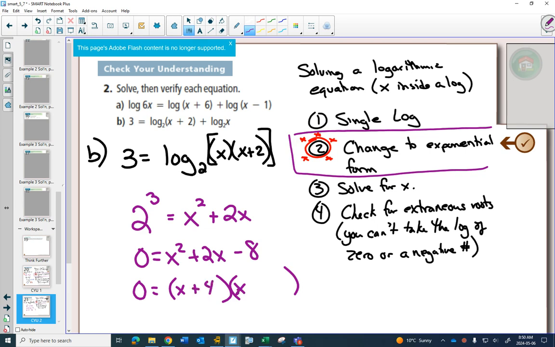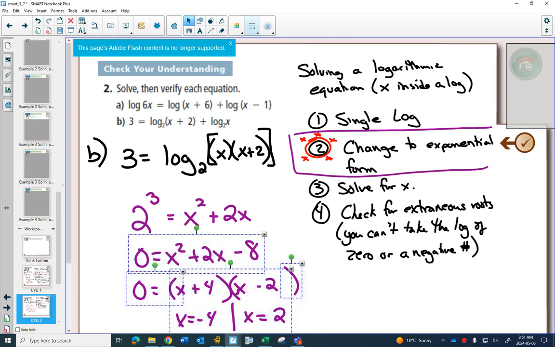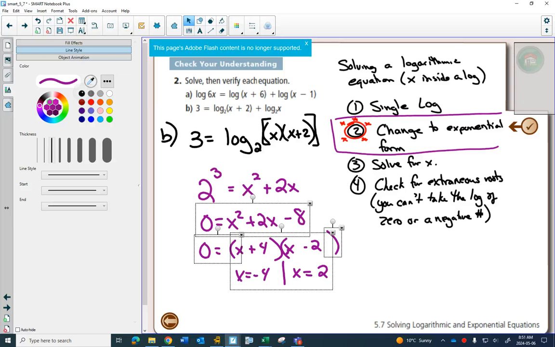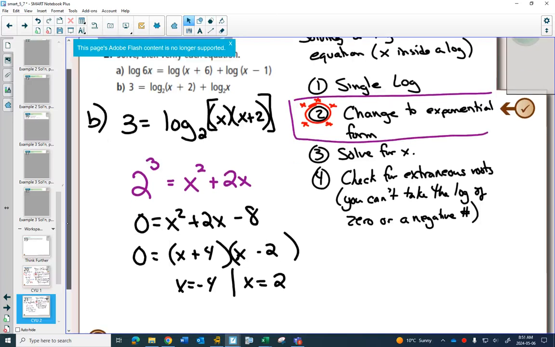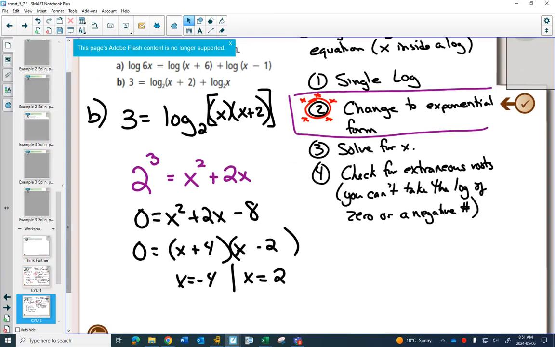I'll do plus 4 and minus 2. There, I just wanted the one step in purple. Just that step that we forget.